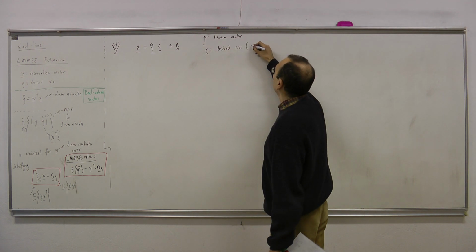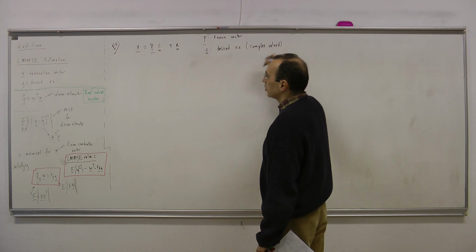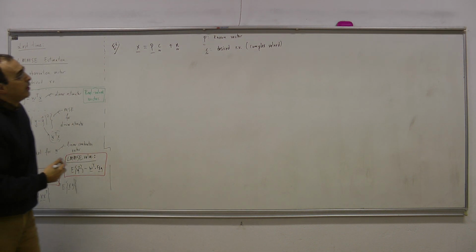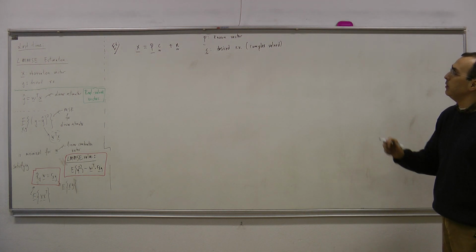But unfortunately, let's say that this is complex valued. Why unfortunately? Because I know the real valued derivation. I have no idea about the complex valued case, and I will derive it immediately.